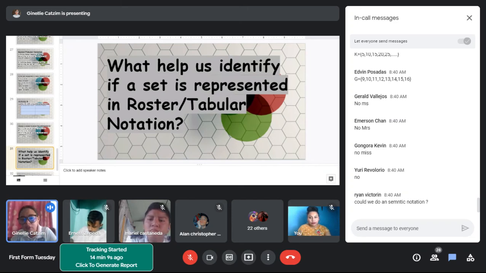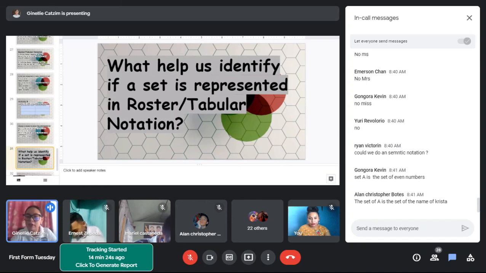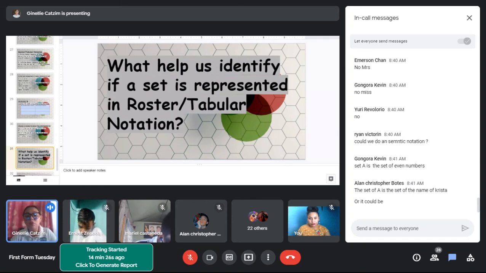Set C is the set of students that need to take the bus to get to their houses or something like that, right? It's just the set name and the description. Very good, right? Your classmates are giving some good examples of semantic notation. So you should not get confused with semantic and raster, right?